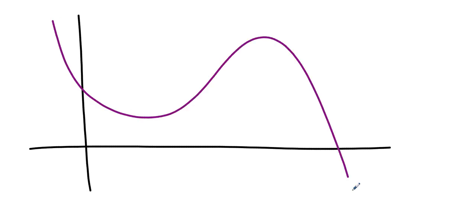So, the second derivative test. Have some function. The function has a min and a max. Here's where the min is. Here's where the max is. At both the min and the max, the tangent line is flat.